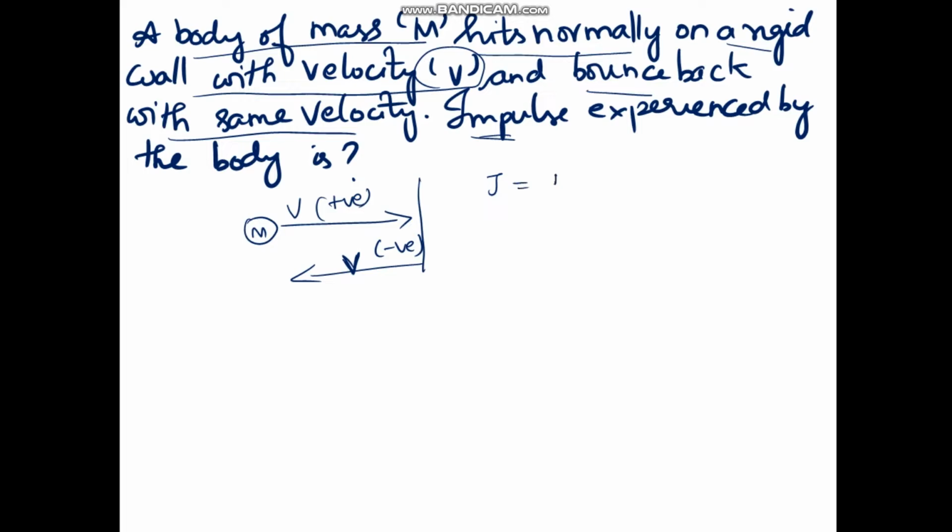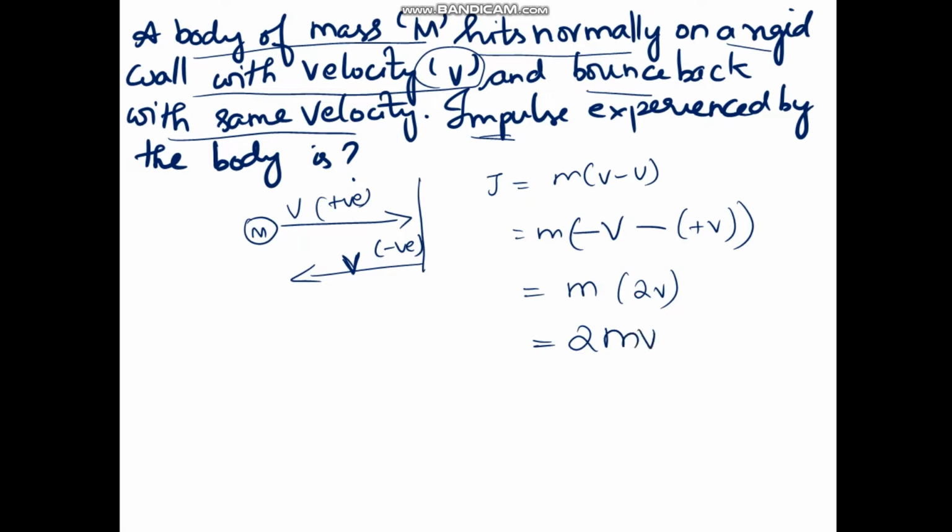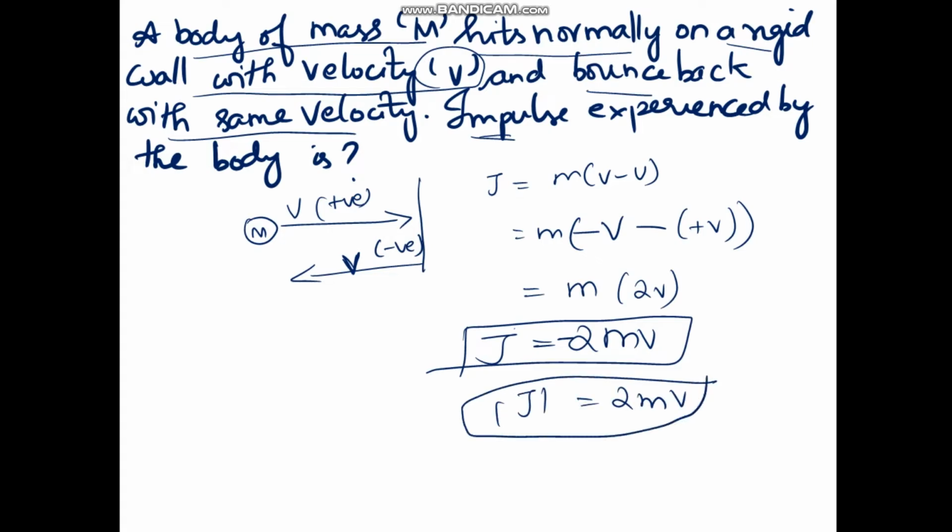Impulse is nothing but m into (v minus u). So m into final velocity, since it's along the negative direction, I am taking minus v, minus initial which is positive, so plus v. So m into 2v, that is 2mv is the impulse created. Minus 2mv; if they are asking modulus, then it is 2mv. Okay, this is a common type of numerical.